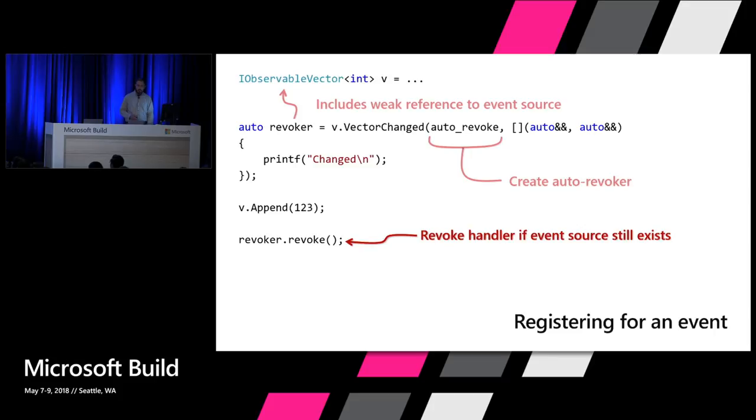So for example, when you want to revoke this manually, you can call a revoke method, and that'll attempt to resolve the weak reference to the collection. And if it still exists, if somebody else has a strong reference to that object, it'll be able to revoke it for you. Naturally, in its destructor, it'll also revoke that for you if you want to just store that in your class member and simply have that destroyed automatically. In either case, it's conscious that it's holding a weak reference, so that's very handy if you're dealing with reference cycles and you need to solve that problem within your application. And this is a very convenient solution for more complex scenarios.